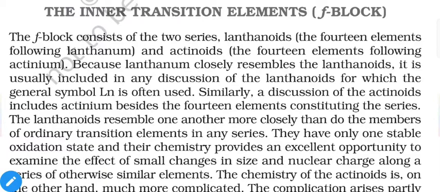So we can say the change is almost negligible, and they resemble each other closely because their outermost orbitals do not change their electronic configuration, since electrons are added in the inner f orbital. That's why the outermost electronic configurations are almost similar, and that's why their oxidation states are also similar.